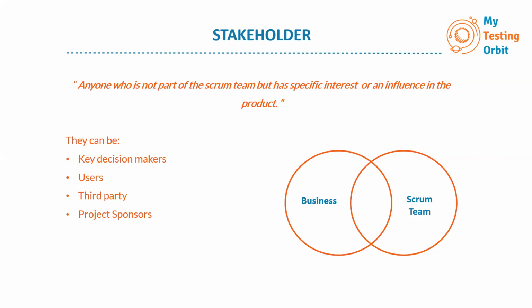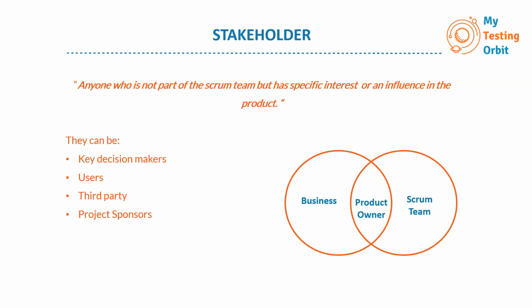So those are business people, and they have their interest in what we have developed. But as you could have seen, so far we didn't have any stakeholder as part of the Scrum team or any of the meetings we have done so far.